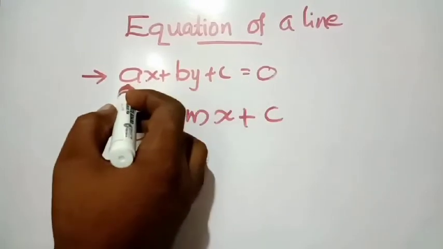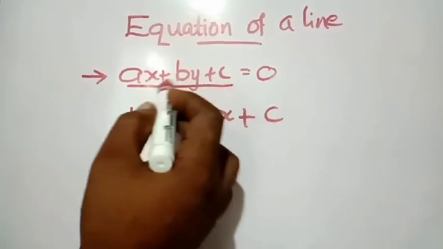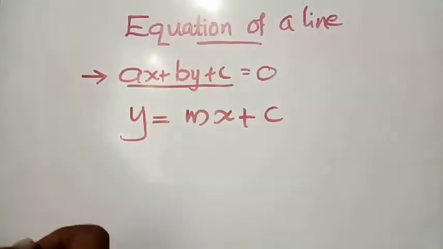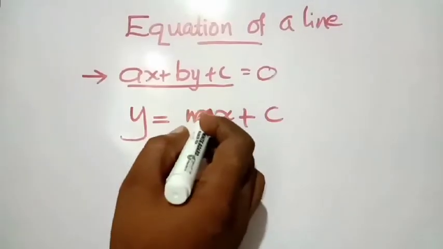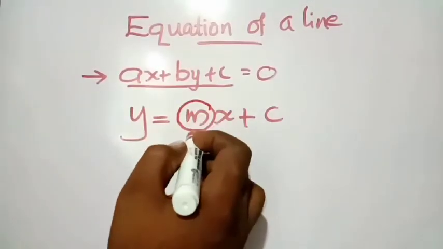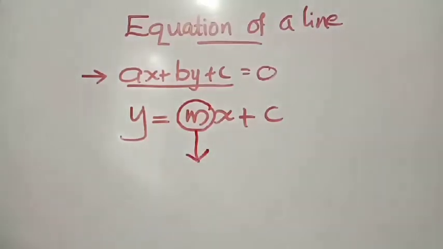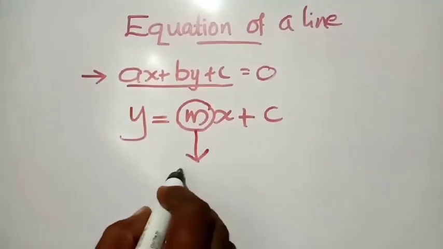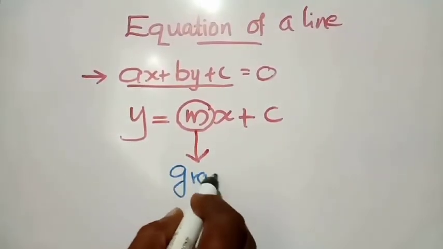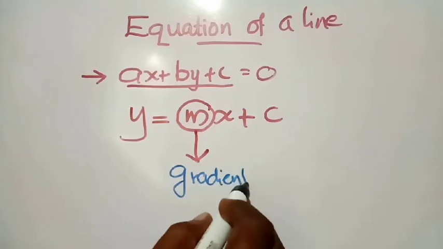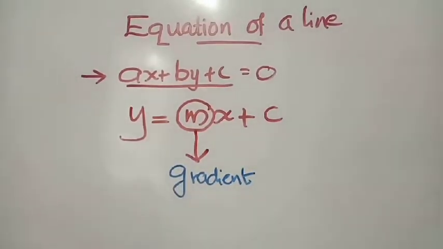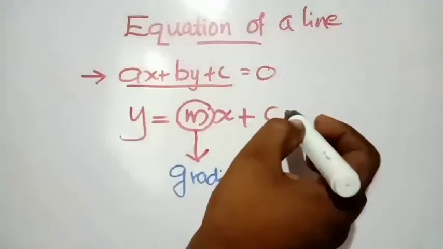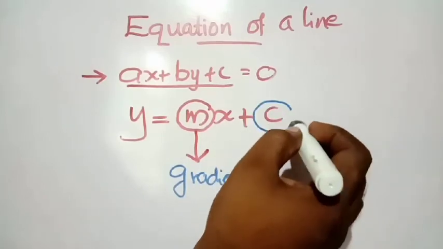Just if you make y the subject of the formula, we get this. Here, in y is equal to mx plus c, what is m? Just now we found it, m is the gradient.